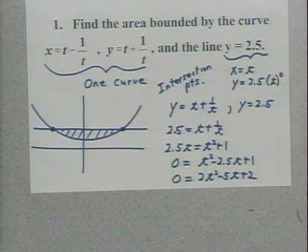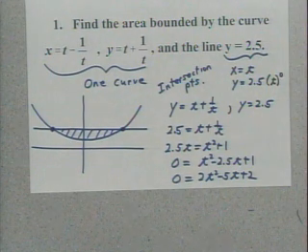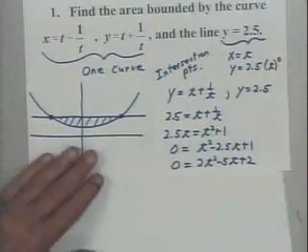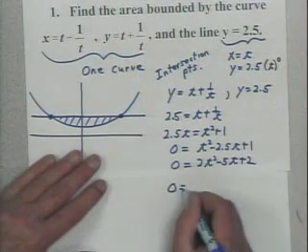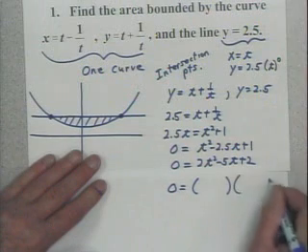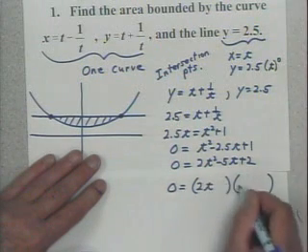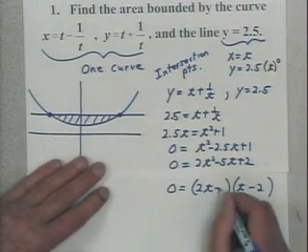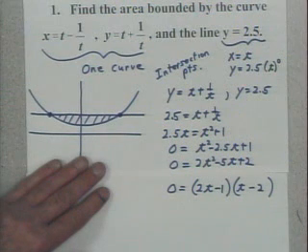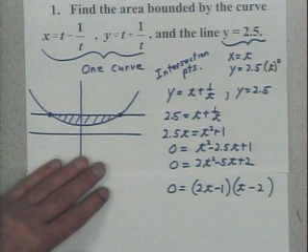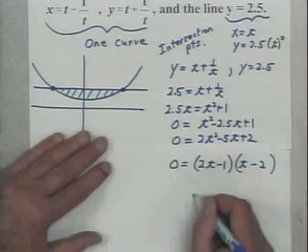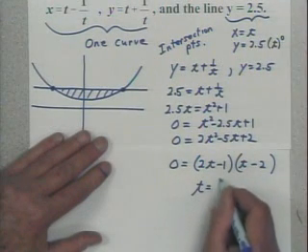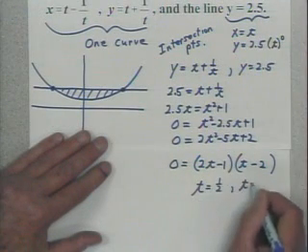If it's not factorable, then I'll have to use the quadratic formula. But I believe that thing is factorable. A 2t and a t for sure, right? And I think a minus 2 here and a minus 1 there would do it. Does that look okay to you? I know I'm going to get a 2t squared and a plus 2, but am I going to get a minus 5t in the middle? Indeed we are. So the intersections occur when t is a half and t is 2.